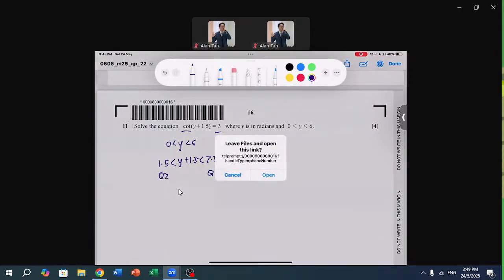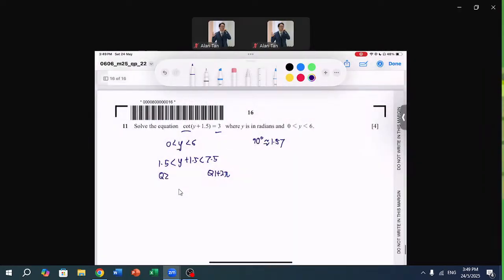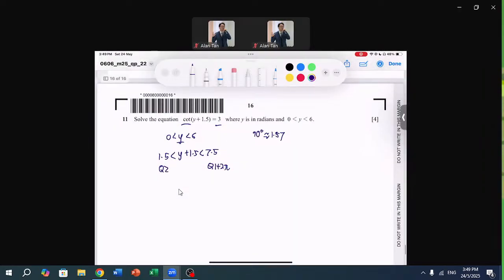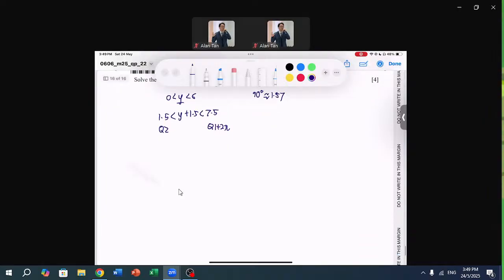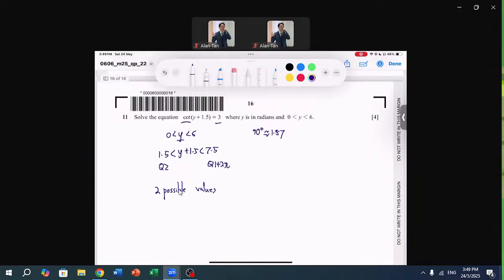But if you can see that, there are probably only two possible values. Give or take one.